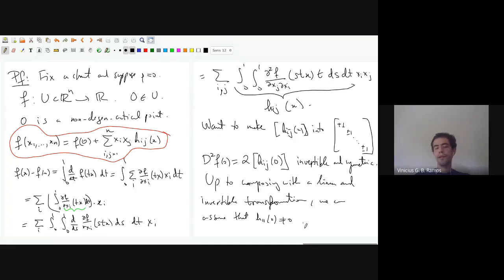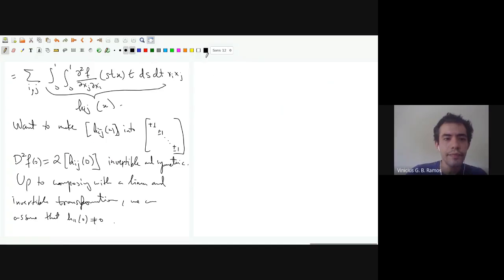That's just because this matrix is invertible. So if I multiply by some change of coordinates, you can assume that the first entry is different from 0, just by composing f with an appropriate linear transformation. So I can suppose that, and then now I can divide by this guy.